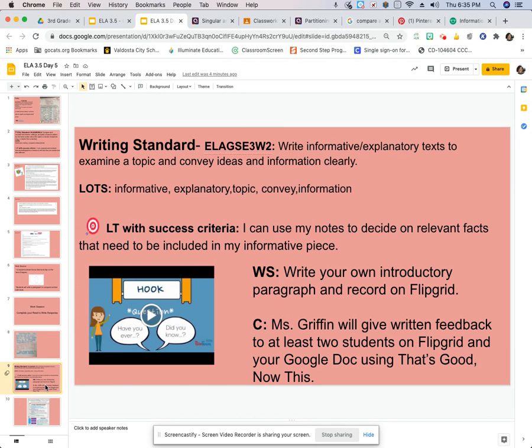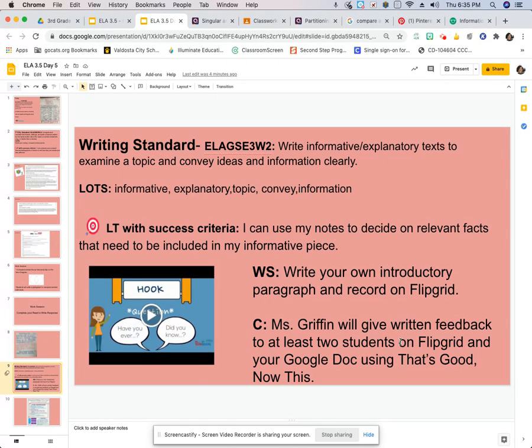And then what you're going to do next, because we've been writing our paragraphs about our Georgia habitats. So today you're going to learn how to use your notes to write an introductory paragraph. And I want you to record it on Flipgrid. And I will give you feedback. And it says to at least 2 students, but I'm going to give feedback to everybody.